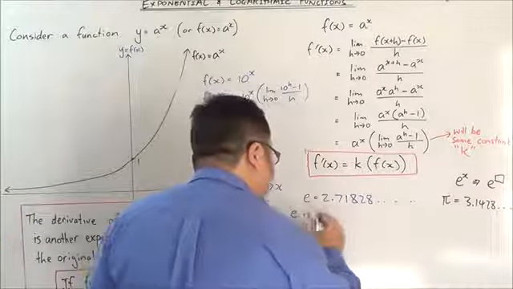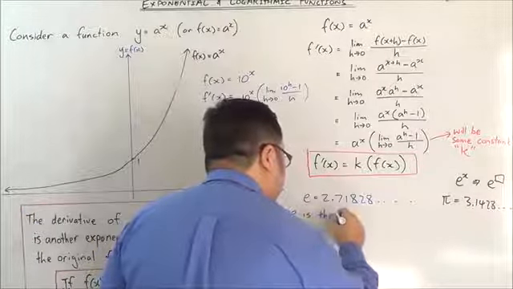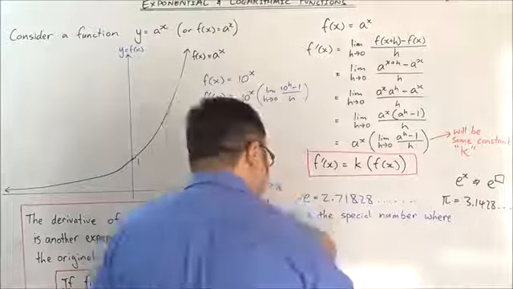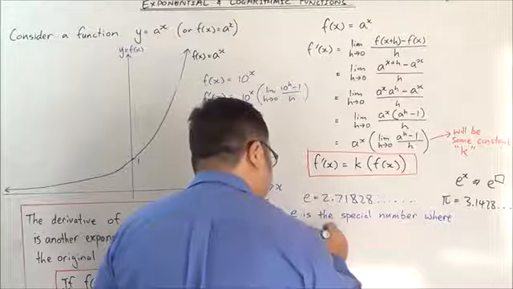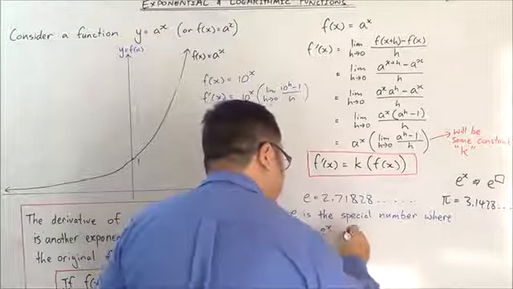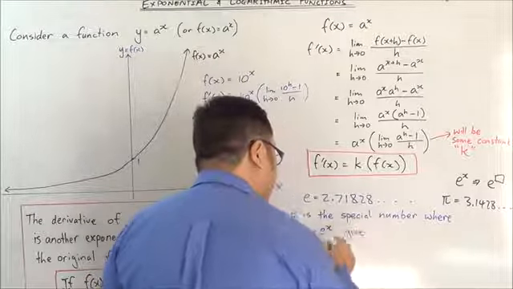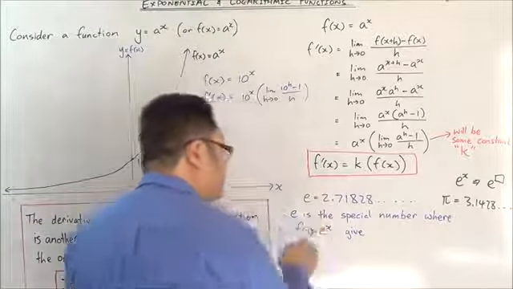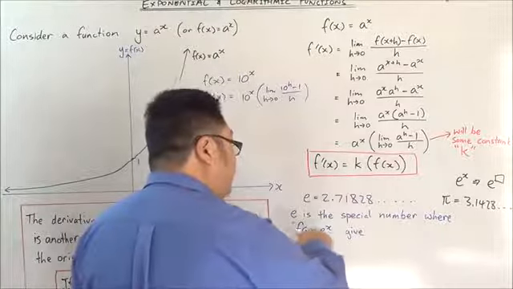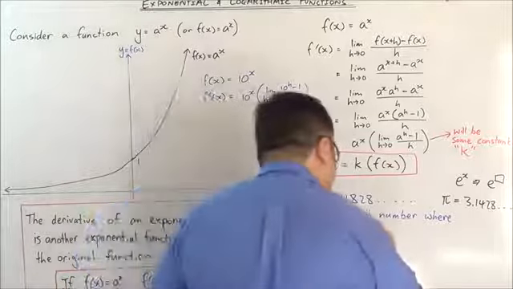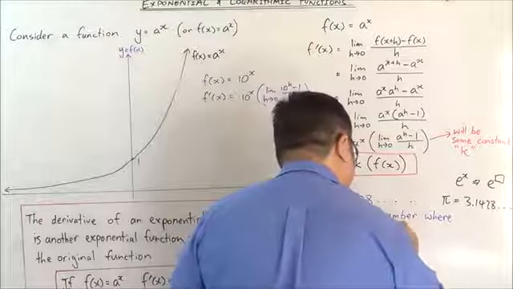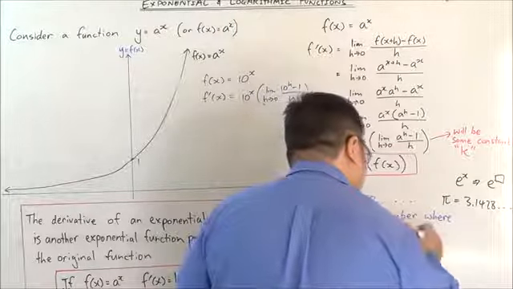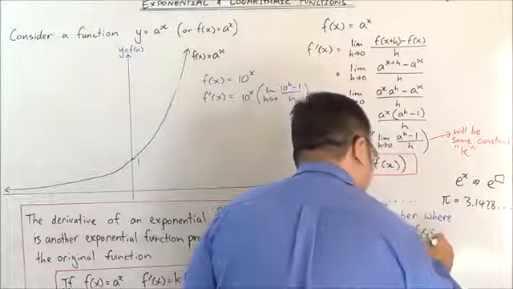e is the special number where y equals e to the x, which I'll change to f of x, gives f dash of x equaling f of x.